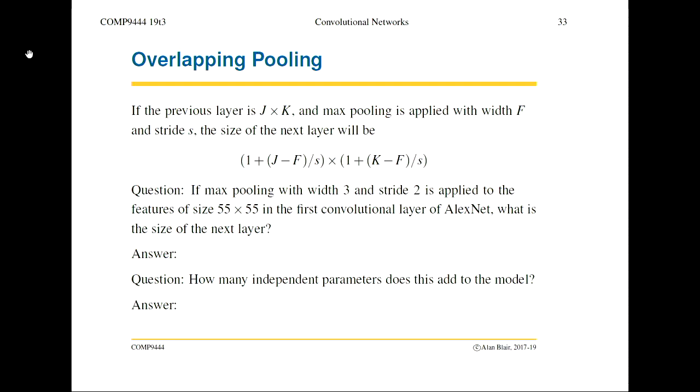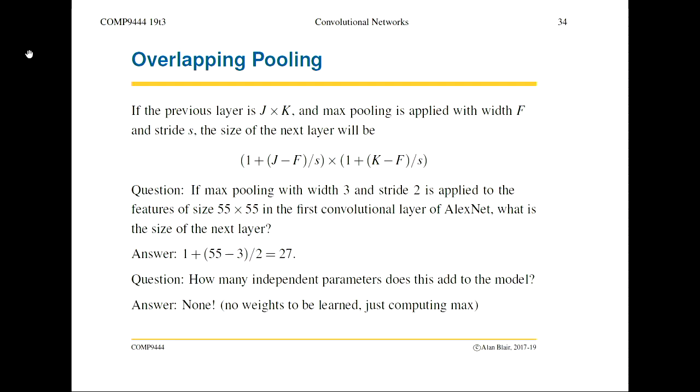So in the second layer of AlexNet, you have a layer that's 55 by 55, and they do max pooling with width 3 and stride 2. So what will be the size of the next layer? Well, we just apply that formula. It's 1 plus (55 minus 3) over 2, which is 27.